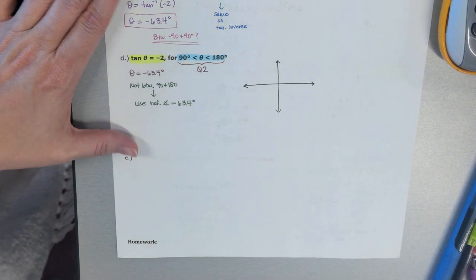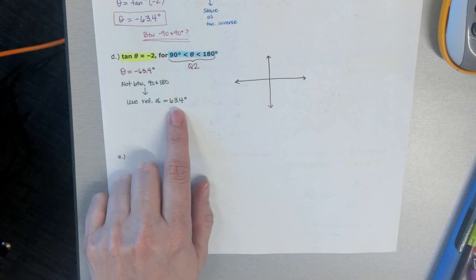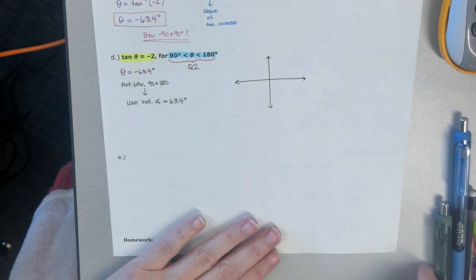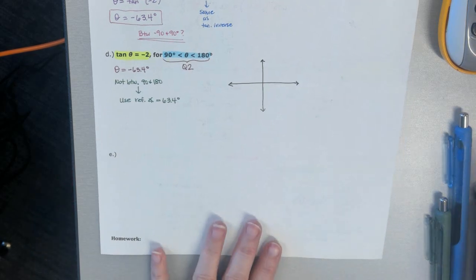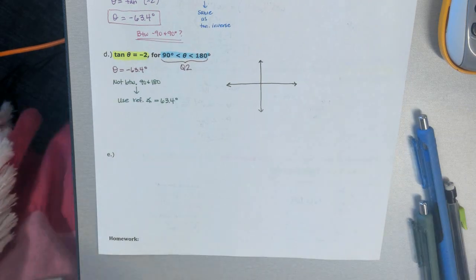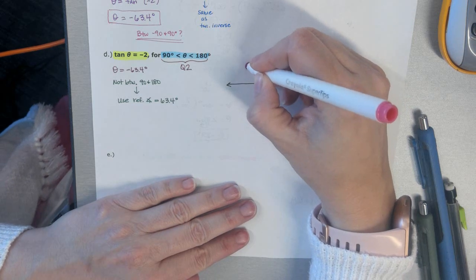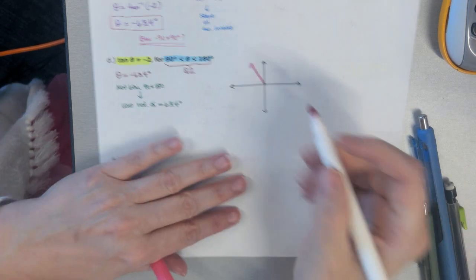Okay, so if you draw the reference angle in quadrant 2, 63.4, you do need to have an accurate representation of where that is. Okay, so 63.4 is going to be somewhere in this region. So it should be more than halfway.